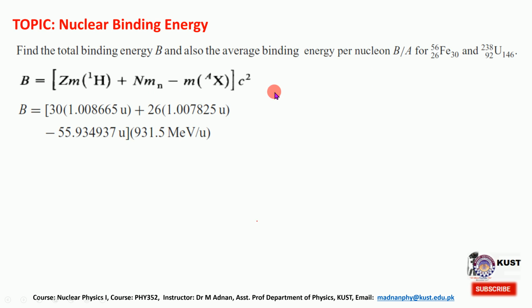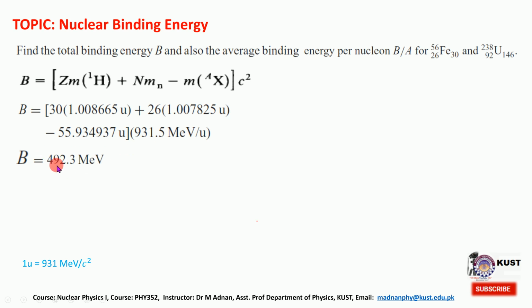Then minus the mass of the iron in atomic mass unit is this much, and then if we convert this expression that is in atomic mass unit to energy directly, then one needs to multiply with this factor, so that the c squared will be cancelled out with this c squared, and then we will be left with mega electron volt. So the binding energy for the iron is 492 mega electron volt.